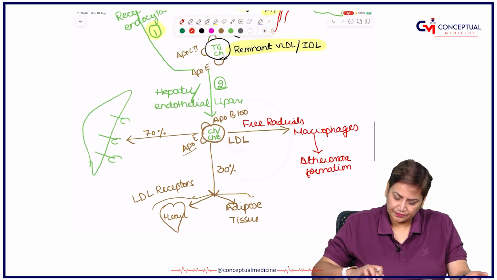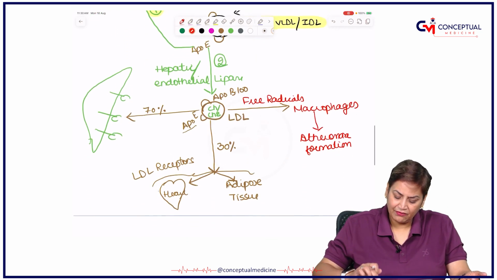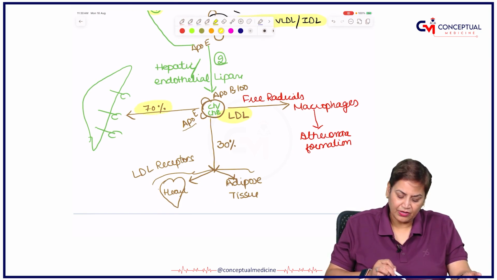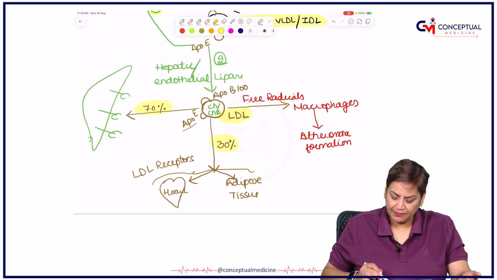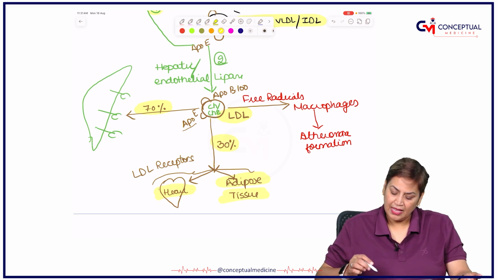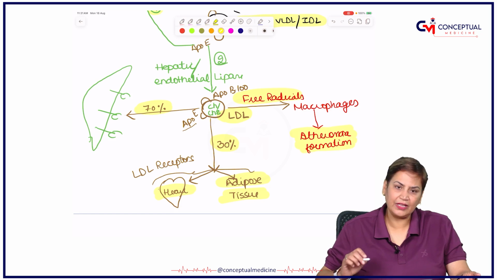So remnant VLDL will now be converted to LDL, and of this 70% will move to the liver and 30% will be accepted by the heart and the adipose tissue. And in the presence of free radicals, it will lead to the formation of foam cells.